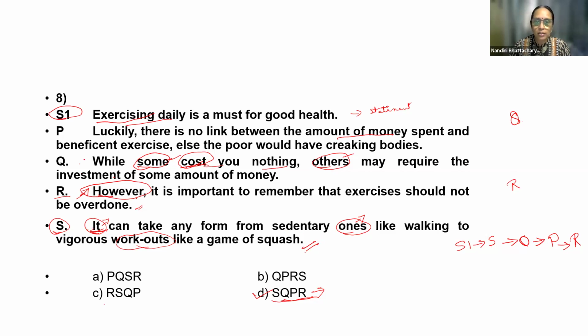So here your mandatory pair became Q and P. One was talking about the cost, other was talking about the amount of money. And then R was the only sentence left, which was the concluding sentence.